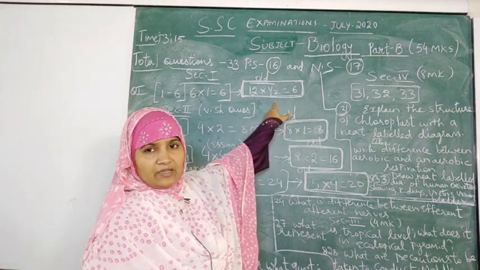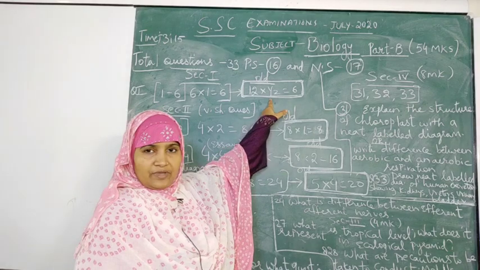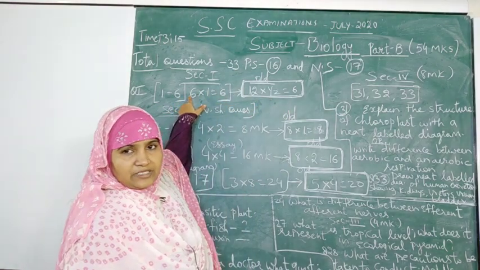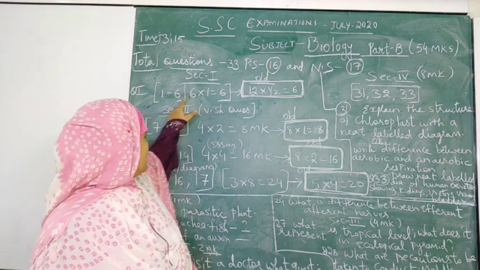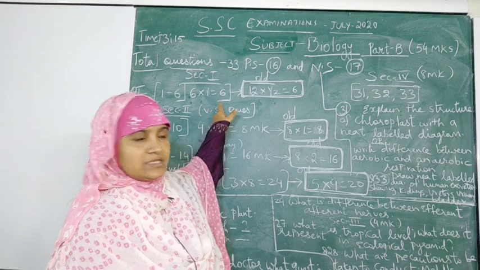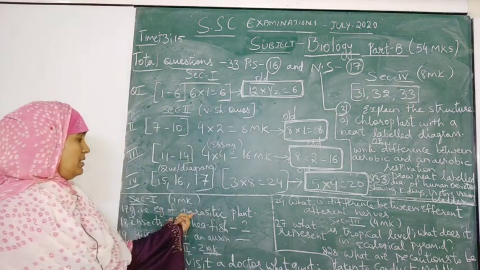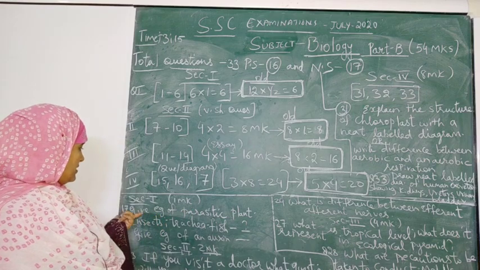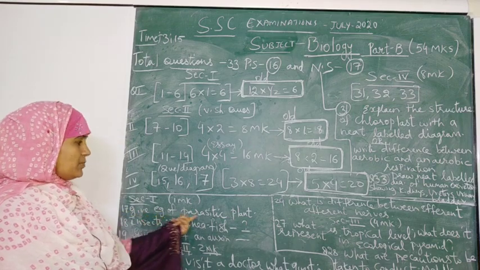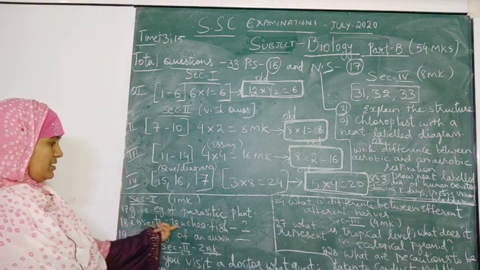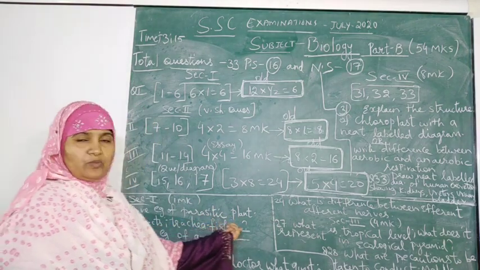This is the previous pattern I am showing in the box, and this is the present marking given by the latest model paper by the government. In section 1 we are writing only one word answers. For example, in section 1 we have 1 mark questions of this pattern: give an example of a parasitic plant, or insects breathe with trachea, fish breathe with what.